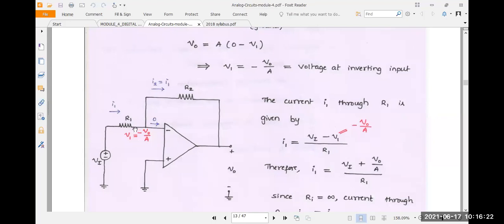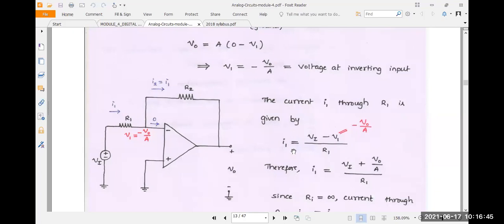R1 is connected to both sides. That's why I take the difference in voltage, VI minus V1, then divided by the input resistance R1. This is the equation according to Ohm's law for the R1 resistance. R1 is connected to VI and V1, so you take the difference VI minus V1 divided by R1.